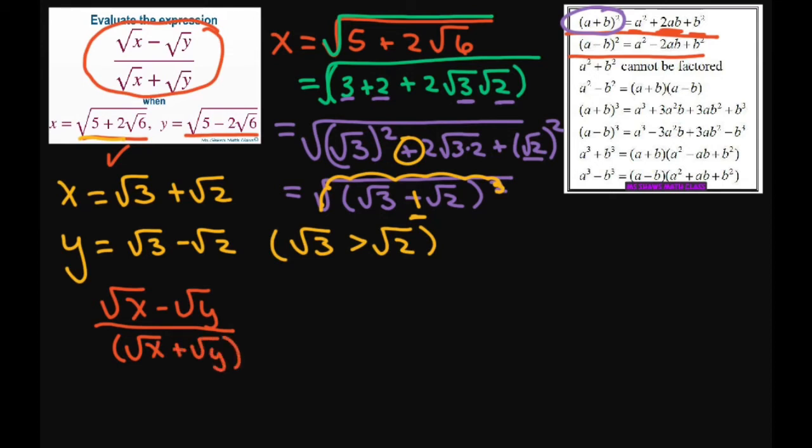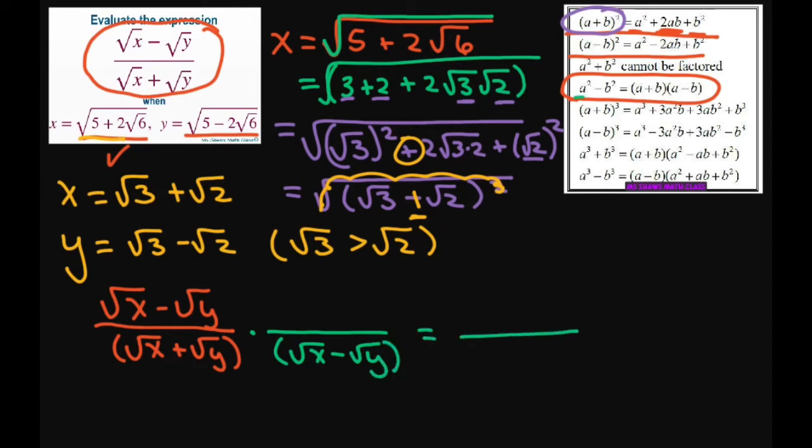And what we're going to do is rationalize the denominator by multiplying by the conjugate. So the conjugate of our denominator is going to be square root of x minus square root of y. And when you do that, we just have our a squared minus b squared. So this is your a, and if you square root of x, you square it, you get x. And this is your b, and so you put minus, and that's going to be y.